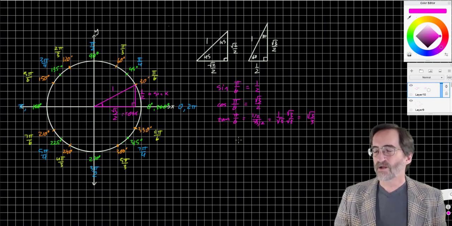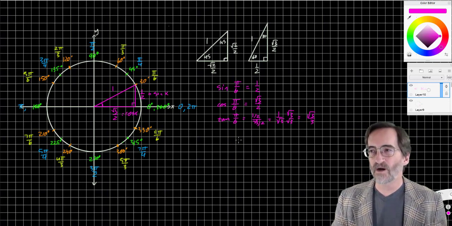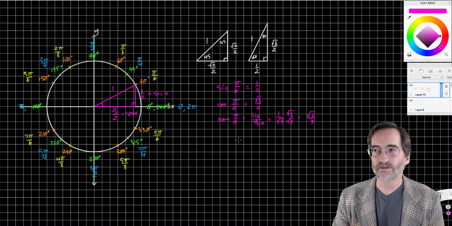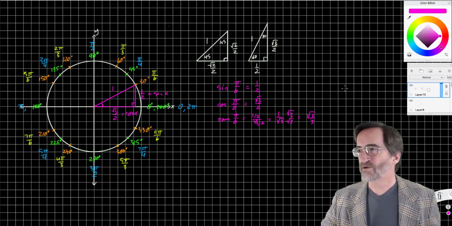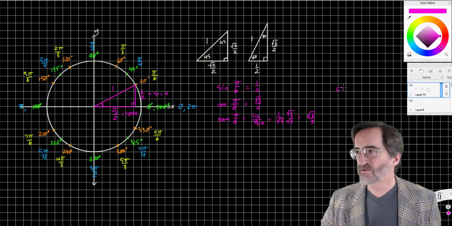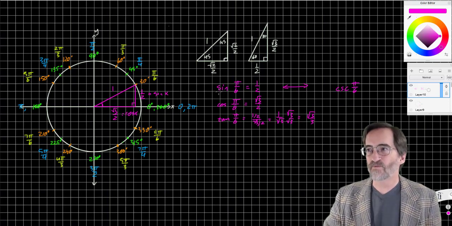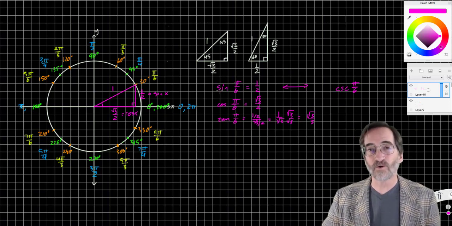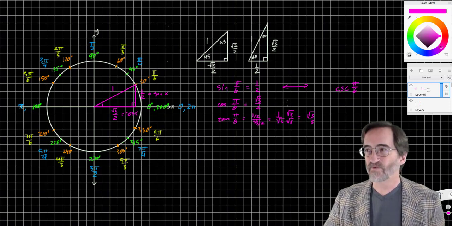Okay, and I won't take the time to do the reciprocal functions, but the reciprocal of sine is cosecant. Well, actually I should probably go ahead and do that. The reciprocal of sine is cosecant. And here's how I remember which one goes with which are the cofunctions: if your original function don't got a co, your reciprocal function does got a co, and vice versa.